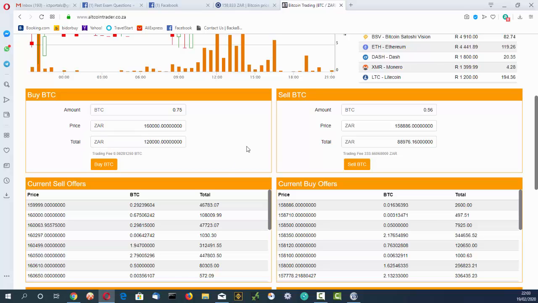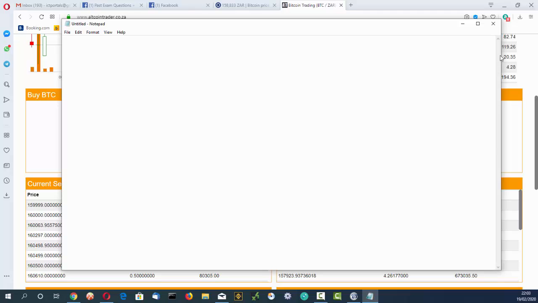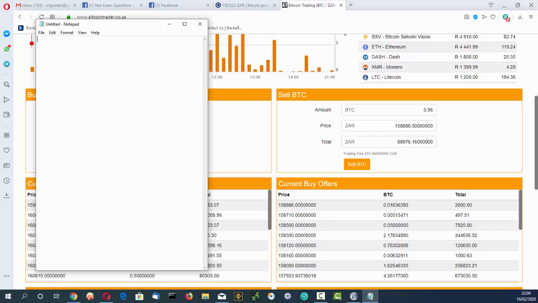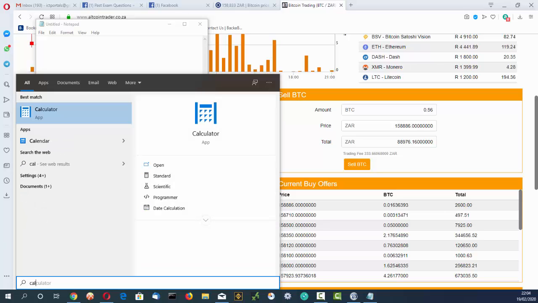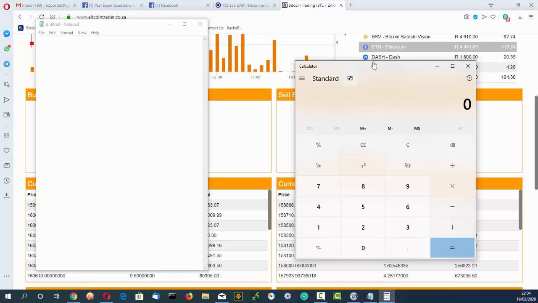Now, why this is logical in AltcoinTrader is that, remember, let me quickly pull out Notepad and the calculator. So remember now that when you are buying, you are charged 0.6%.